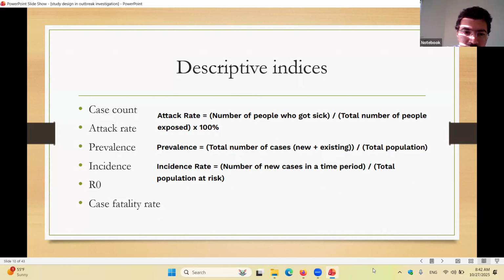And the final one is incidence rate, a number of new cases in a time period per total population at risk. As you see, attack rate is a kind of incidence rate.